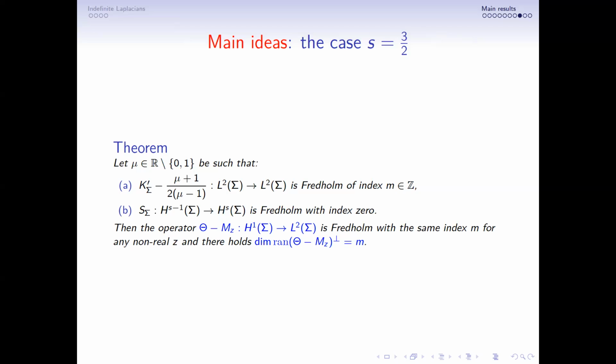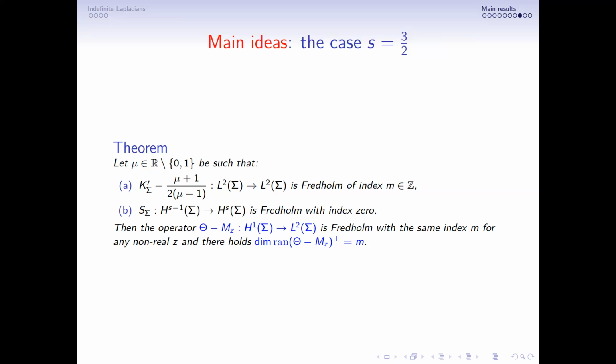So at this point, we see, in fact, one can write theta minus mz like a constant times K prime plus 1 over 2, minus 1. Then you have some Fredholm operator plus a compact operator.